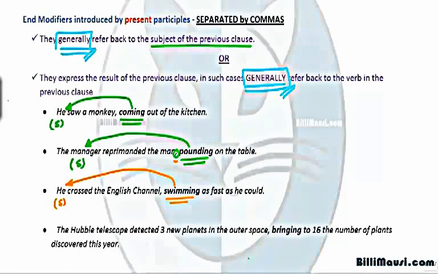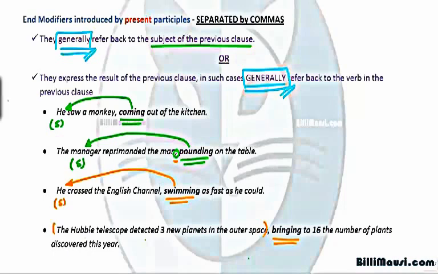The Hubble telescope detected 3 new planets in outer space, bringing to 16 the number of planets discovered this year. So the participle here is bringing. In this case, the entire act is bringing the number to 16.